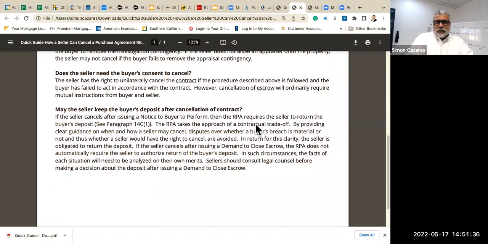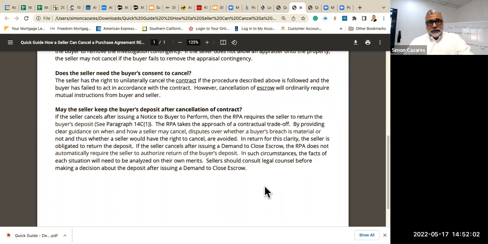May the seller keep the buyer's deposit after cancellation of contract? This is where I get a lot of questions as well. If the buyer cancels, can the seller go after the buyer's deposit? Well, it depends. It really depends. And then I'll ask the question, well, tell me how far you're in the escrow process.